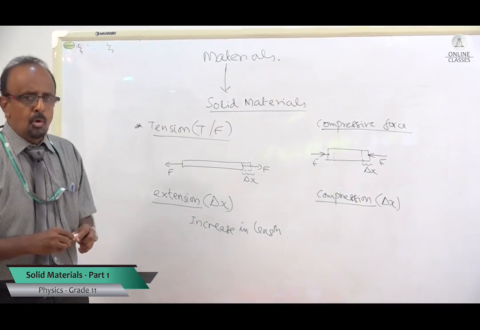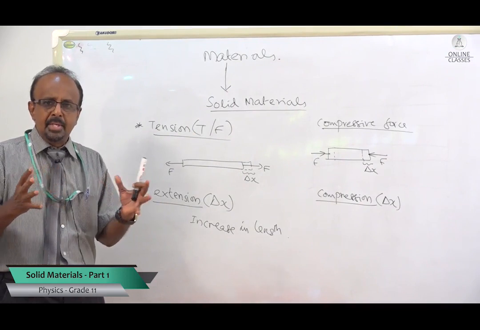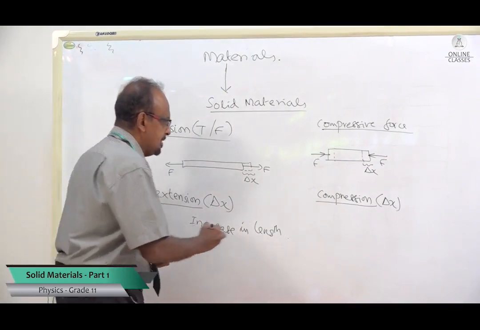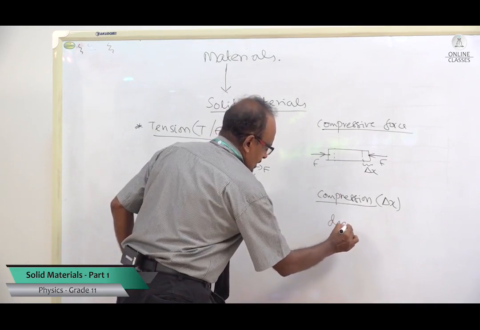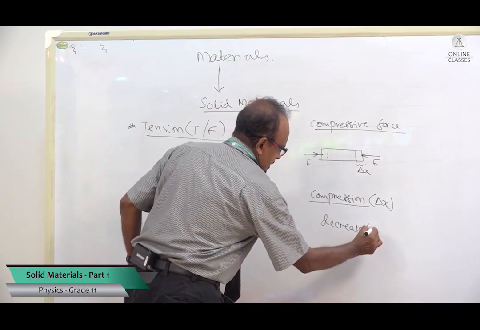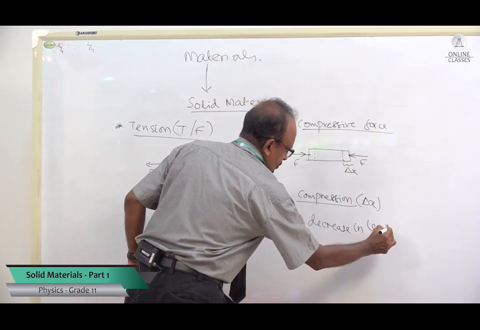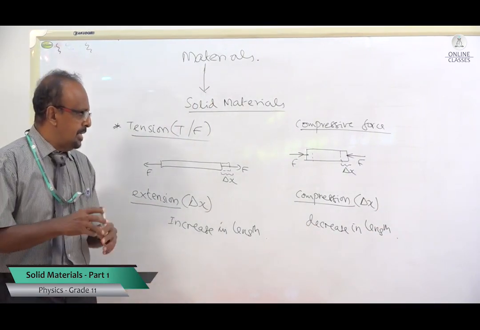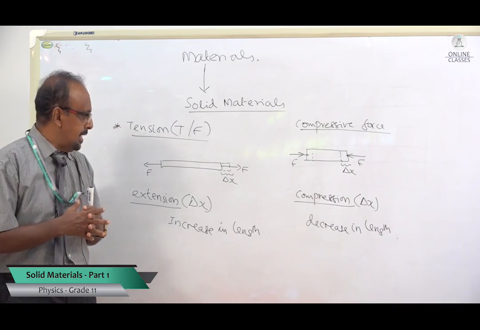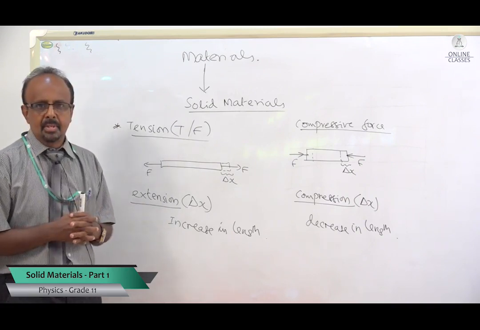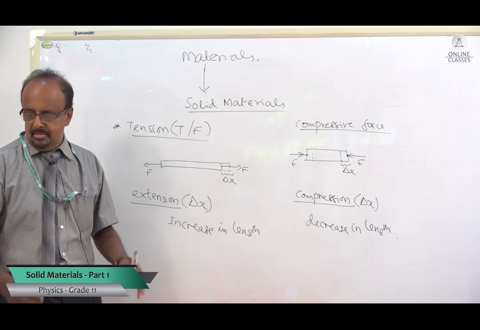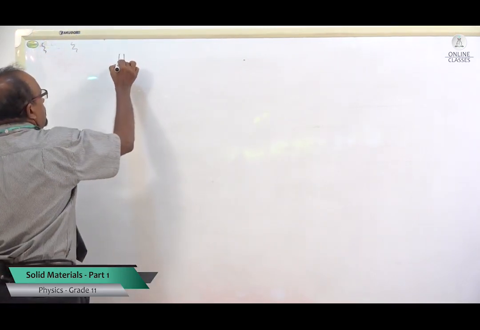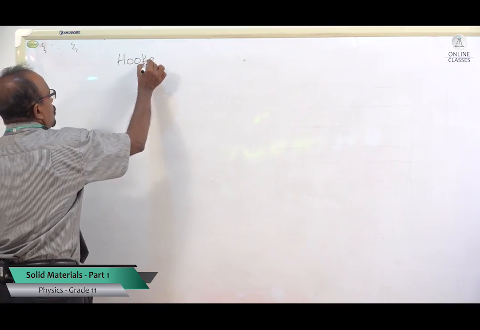When you apply a compressive force, if the material decreases in length, we call the decrease in length compression. Actually, in another way, we can say compression is negative extension.